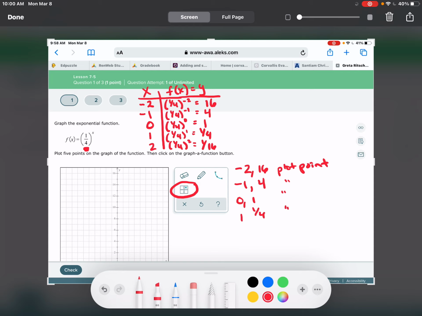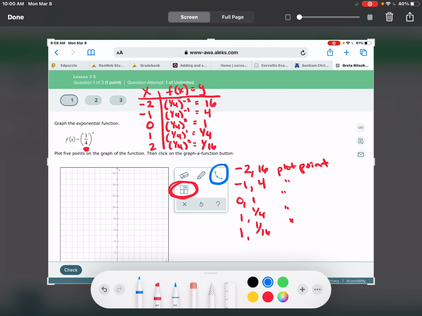That's the one that's hard to put on by hand. 2 and 1/16, plot point. And then when you have entered those all in this first tool, then you will switch and grab this tool, which will connect it.